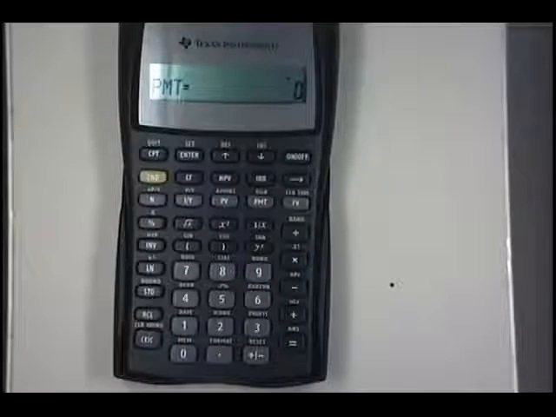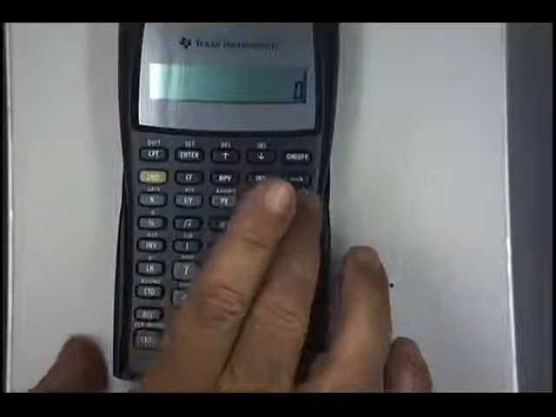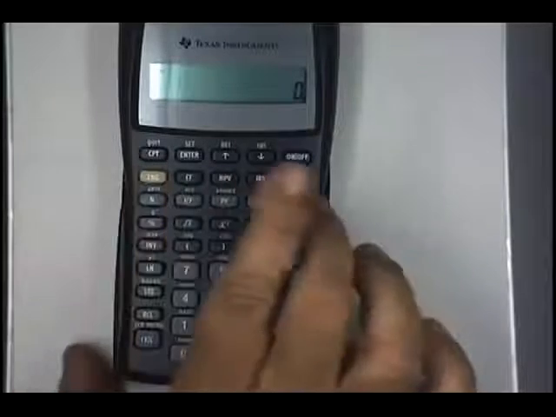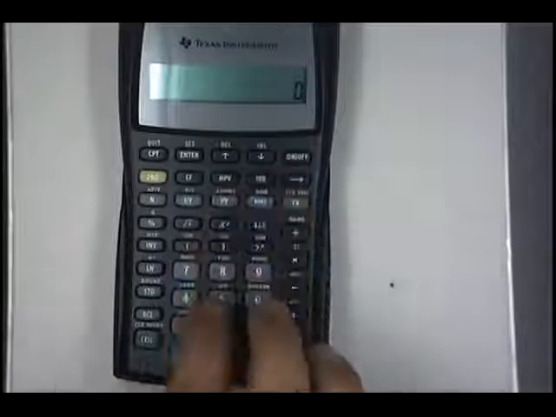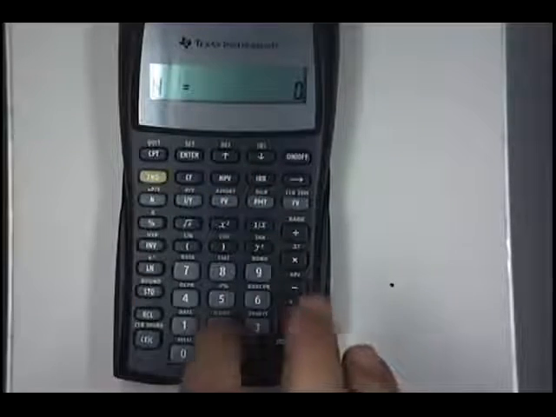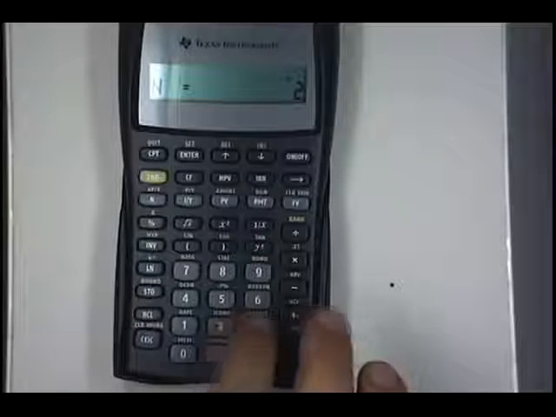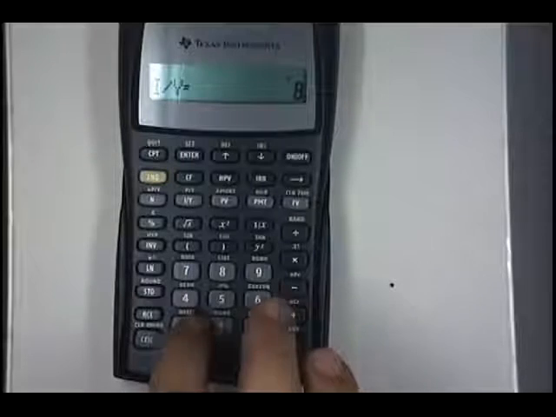And when I press compute, would you expect that to be more or less than the 1160 that we showed with doing simple interest? Why didn't it do it? Okay, 2N, 8, I over Y.